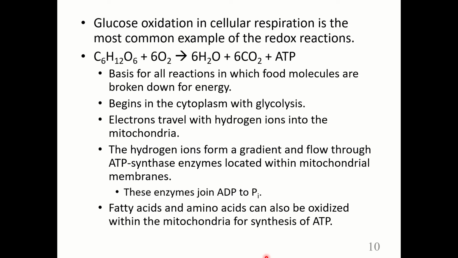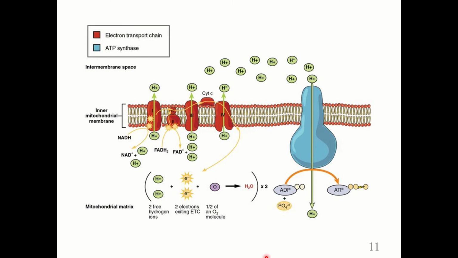Fatty acids and amino acids can also be oxidized within the mitochondria for the synthesis of ATP. This illustration shows the hydrogen ion gradient formed from the shuffling of electrons through the cellular respiration metabolic pathway.